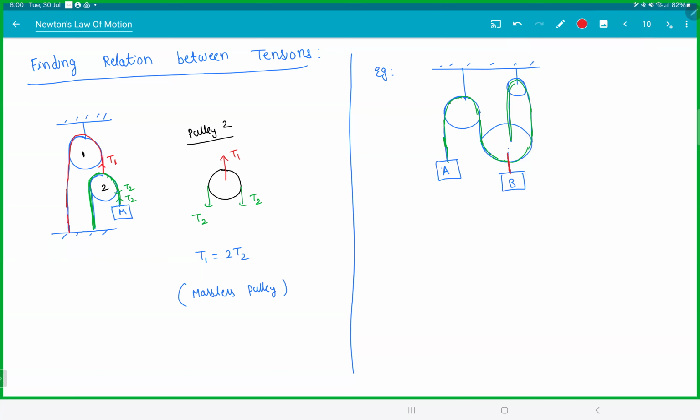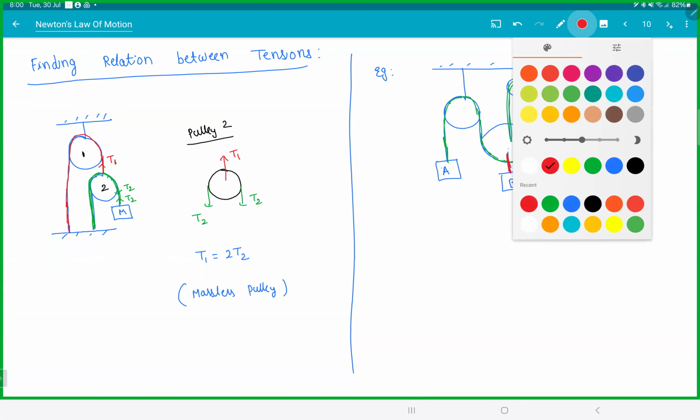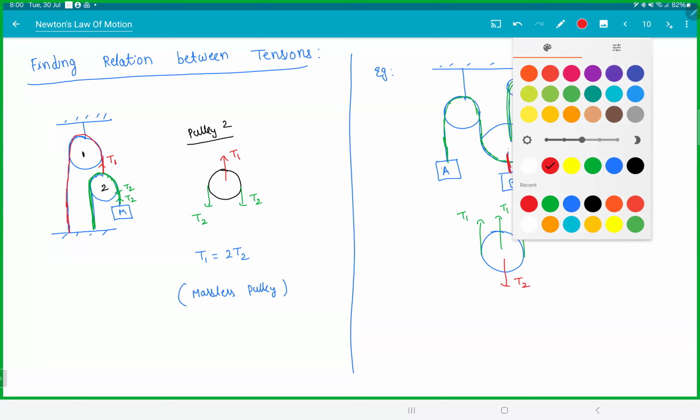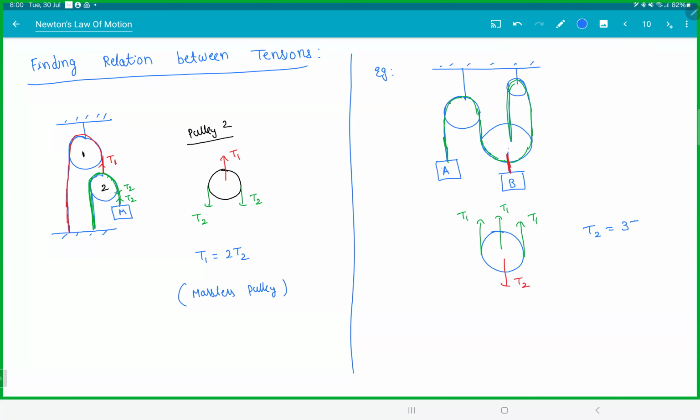This is a second string. Make sense? So now if I draw that pulley here, the green ones are pulling up T1, T1, T1. Agreed? Three strings are pulling up. And this is T2. So here T2 will be 3 times T1. Is this making sense, everyone? So three strings are balancing one string there. There are three people pulling here. So this is how you can find tension between two different strings.